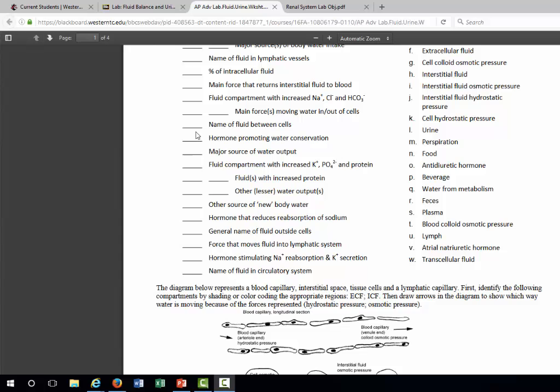And also, where are proteins made? Inside cells, yeah, the intracellular fluid, letter B. So this is B and S. And then lesser water outputs. Where do we see some water leaving the body in smaller amounts? Perspiration and feces.